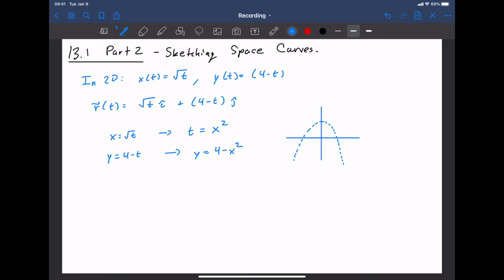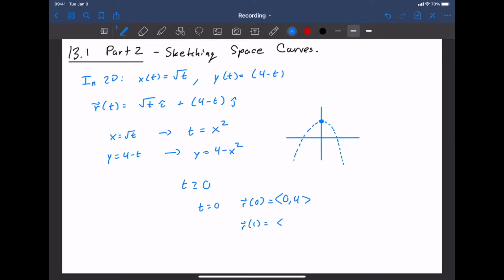We have to assess what's going on here. t had to be greater than or equal to 0, the intersection of the domain for x and the domain for y. If we find where t equals 0, r of 0 would be the coordinate 0, 4, or the vector 0, 4, which is right here. As t progresses through time, you should be able to reason through this, but the real method we will use a lot is: what's r of 1?